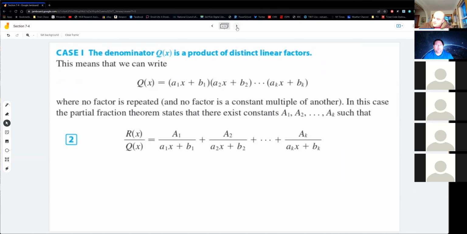So that's the first thing we want to look at: can we break them down so that they're all linear functions, or linear factors, in the denominator. All this mess is going to look a lot easier once I actually do one.